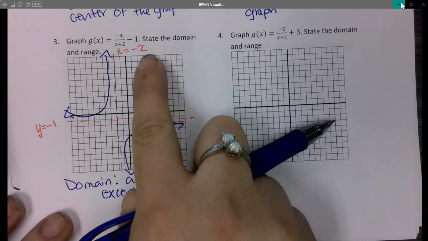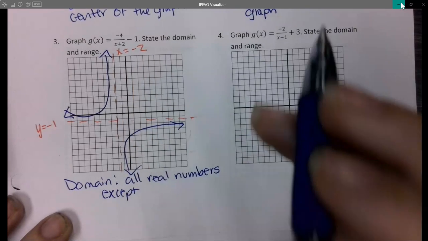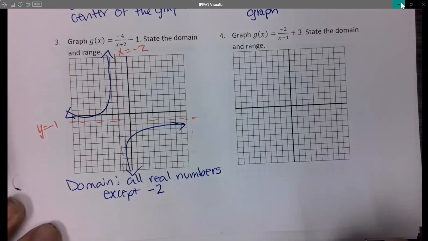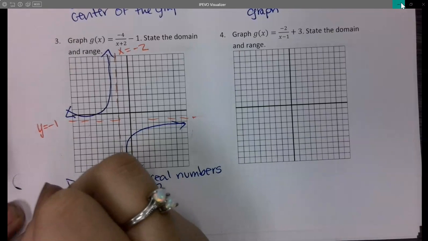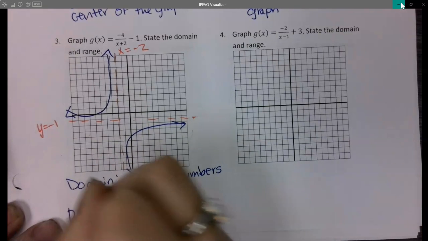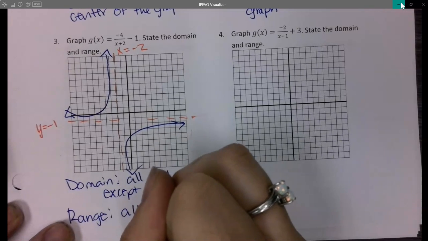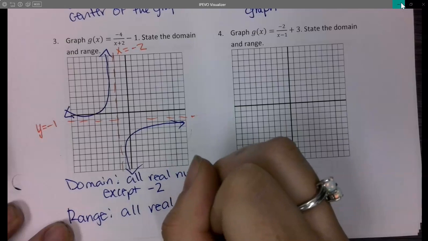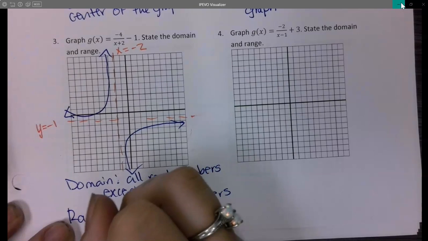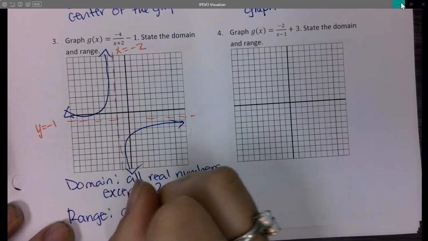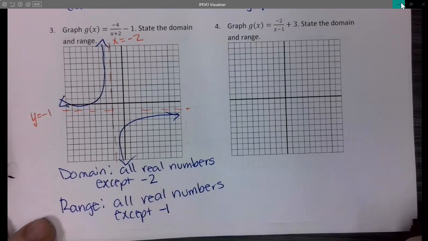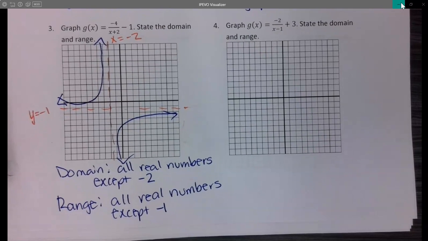For my x values, I just skipped -2. Then my range is all real numbers except 1. This is the up and down. Yep. So questions here.